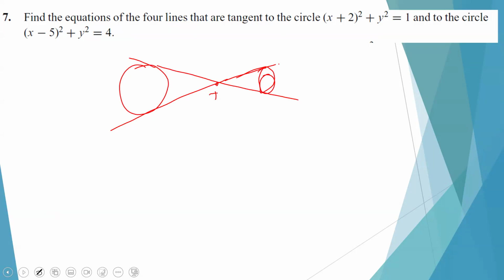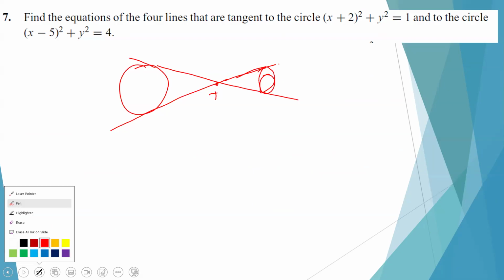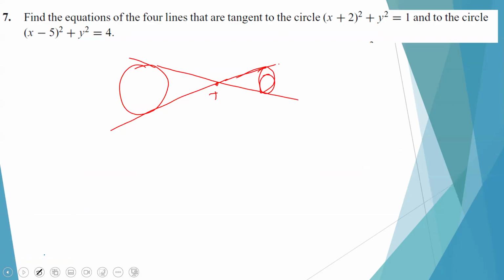We also have this tangent. Let's change the color. And this one, and this point where we intersect is labeled D. Okay.